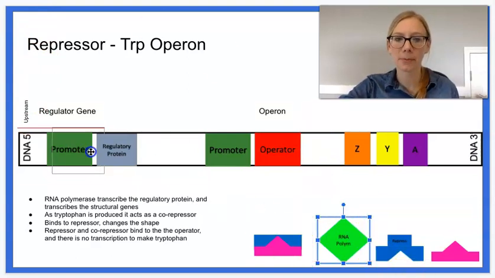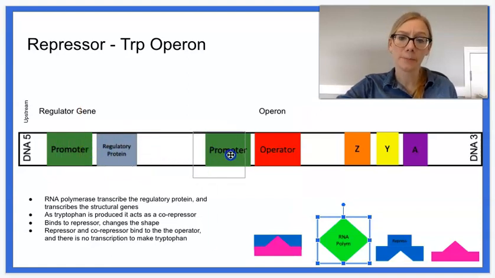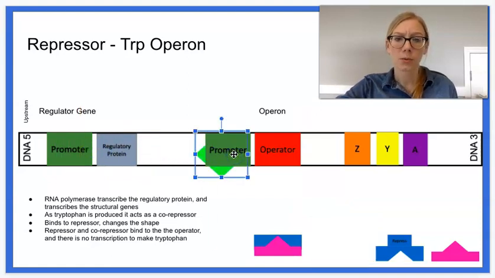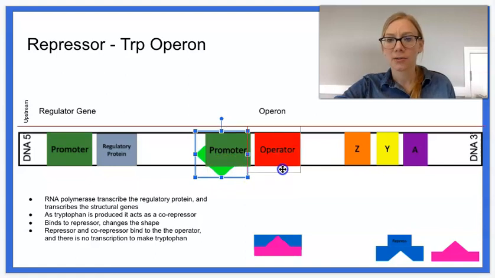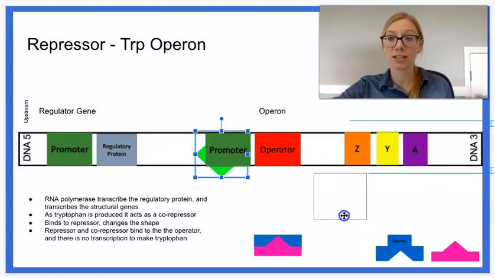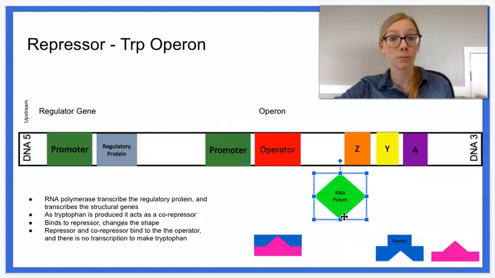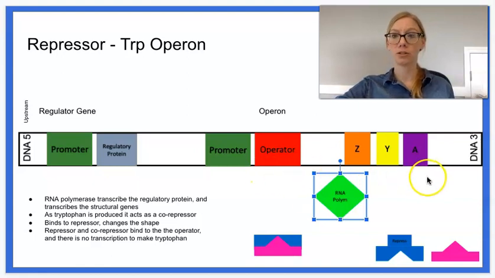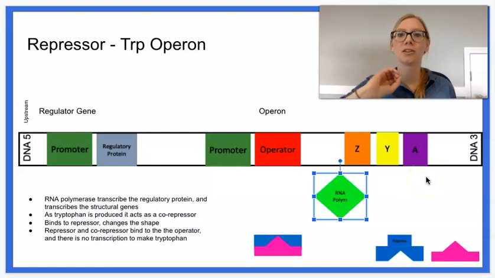That means RNA polymerase typically can bind my promoter, and it can go ahead and transcribe these genes. What do these genes do when we're looking at tryptophan? These genes actually are going to make enzymes that make tryptophan. So that's our typical on, if you will.